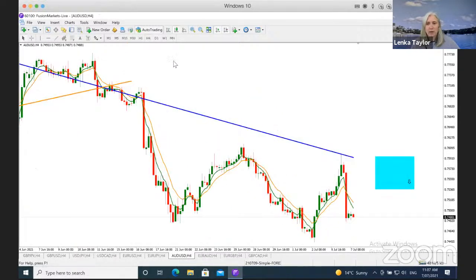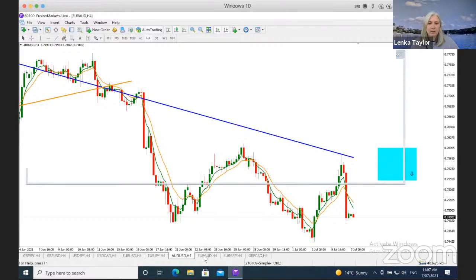On the 4-hourly time frame, I'm looking for any price action that is close to the trend line. At the moment, it could just be going sideways. So really, I need something that's reasonably high up for the entry, just in case it does range for a little while. But looking for shorts on the Aussie US.